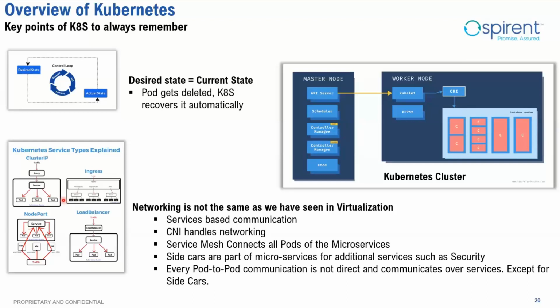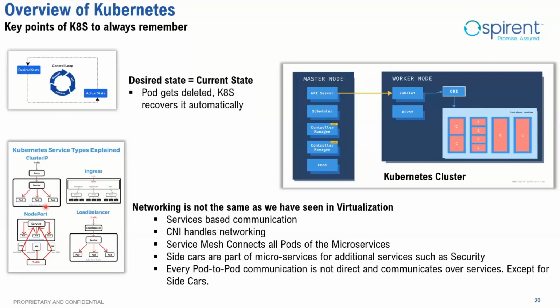Kubernetes networking is something which you all should know. When I started learning Kubernetes, I found the networking was very complex, but now I have found it's very easy. When you deploy a container application, it also deploys a service.